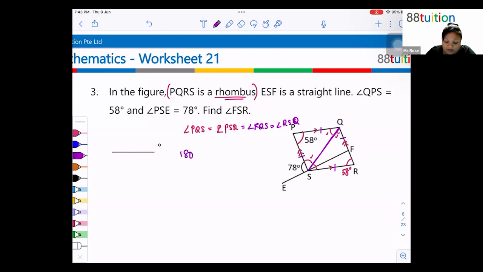So I will take 180 degrees minus 58 degrees, divided by 2, to give me how much? Anyone? Okay. Yes, thank you, Brian. So 61 degrees. So all these angles here are 61 degrees.